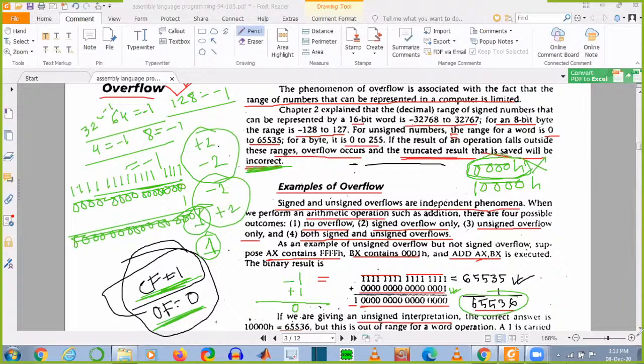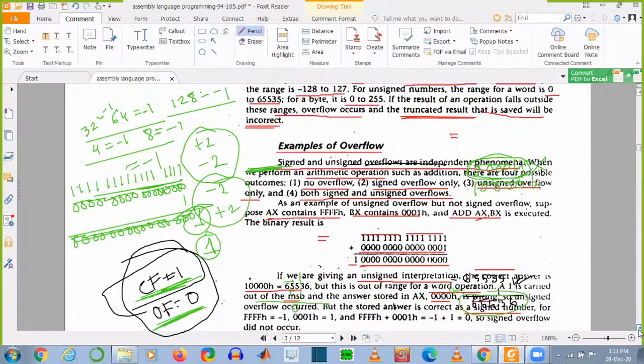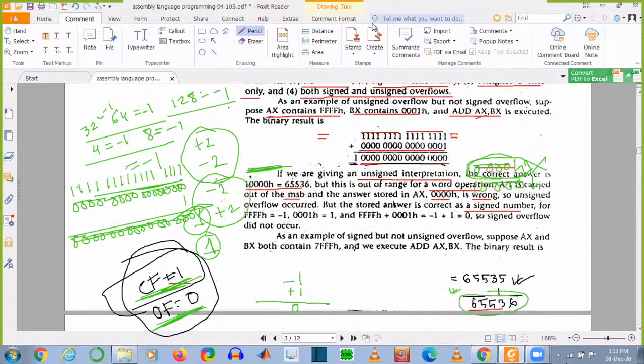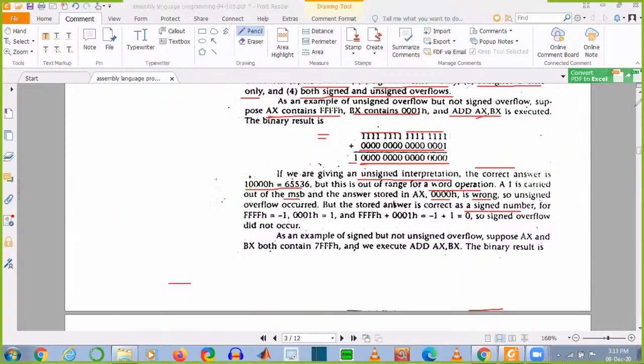If you look at their discussion, actually they have discussed the same thing. So let's read the discussion for the signed case.